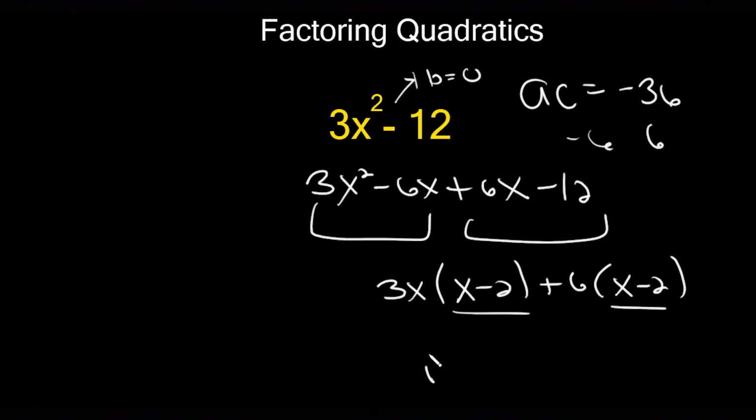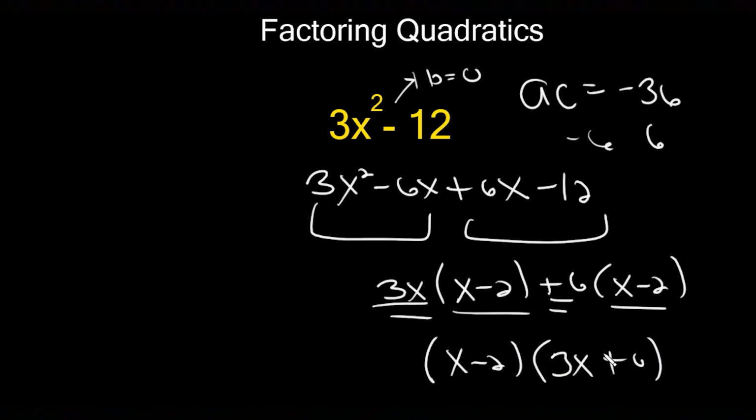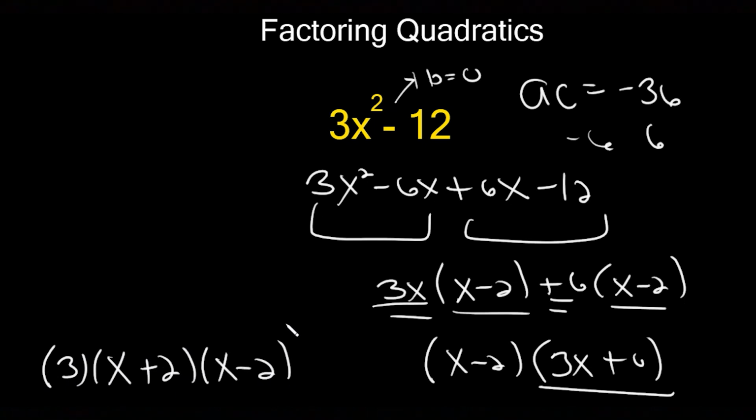So I write my common factor one time, then I write my outside values together, 3x and positive 6. Technically, on this factor you can still pull out a 3. Rewriting the whole thing, you would have 3, then x plus 2, and then x minus 2. That would be the complete factorization, and that is factoring by grouping. But again, the easy way to do it is to always pull out a greatest common factor.